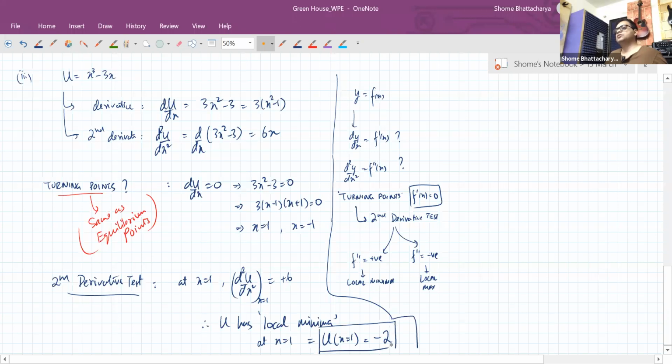Put the value of x as plus 1. So this minus 2 that you're getting, that is the local minimum. Oh, sorry, minus 4, not minus 2. No, that's correct. It will be minus 2.